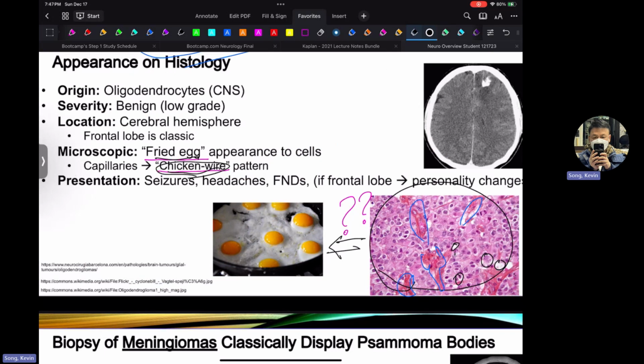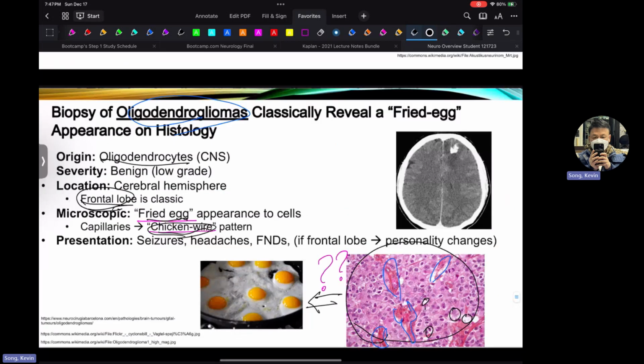And it's in the frontal lobe. So oligodendroglioma: fried egg, and because it's in the frontal lobe, executive functions and personality. That's the key thing.